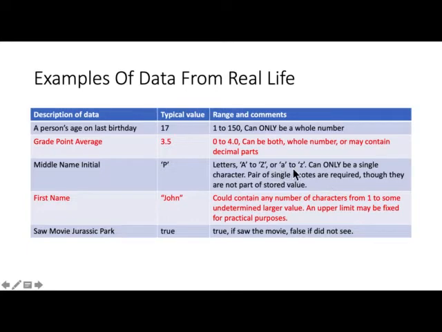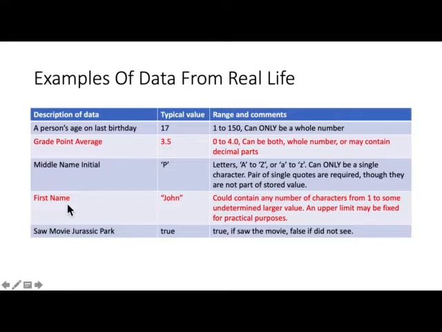You could also use numbers with quotes as character data type, but this is just an example. So we'll discuss the whole range of them later. In character data type, a pair of single quotes is required, but they are not part of the stored value.